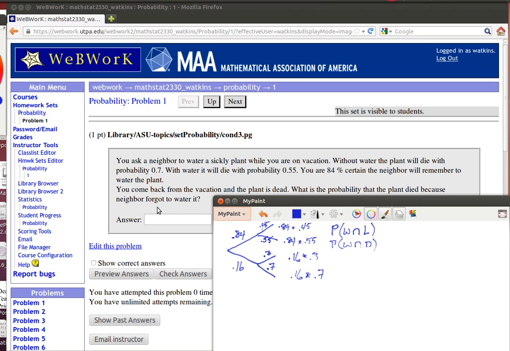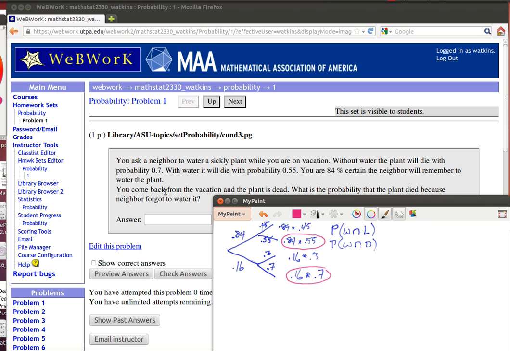You come back from vacation and the plant is dead. So once you get back from vacation, already you know something, and that is that the plant is dead. Now, how can that happen? It's one of these two things then. It's either this or it's this.